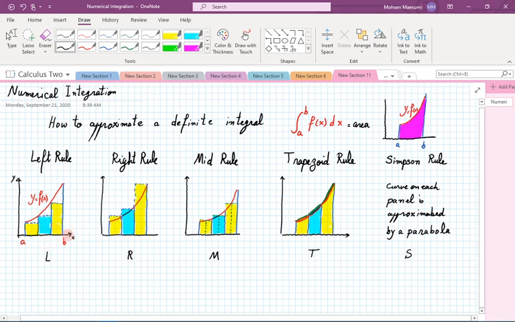To make it simple, we are going to make all of our panels the same size. So it's a uniform cutting up of the region into these panels. In advanced practice they do something more sophisticated than that, but right now this is sufficient for us to get started. Next, suppose I did cut up this region into panels. Well, how am I going to approximate it with a rectangle?